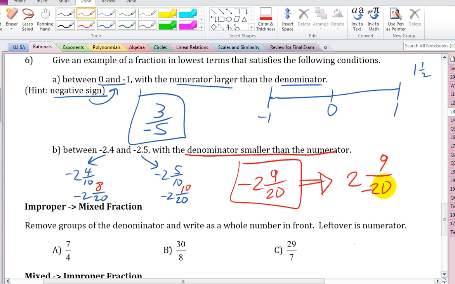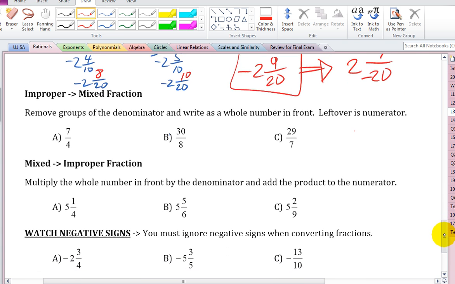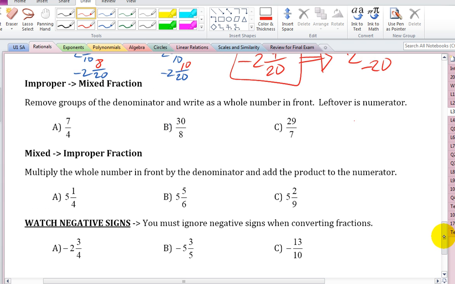Questions? You look stunned. You okay? All right. Let's go over next one. Improper to mixed. All right, so just a little bit of practice. Here we go.